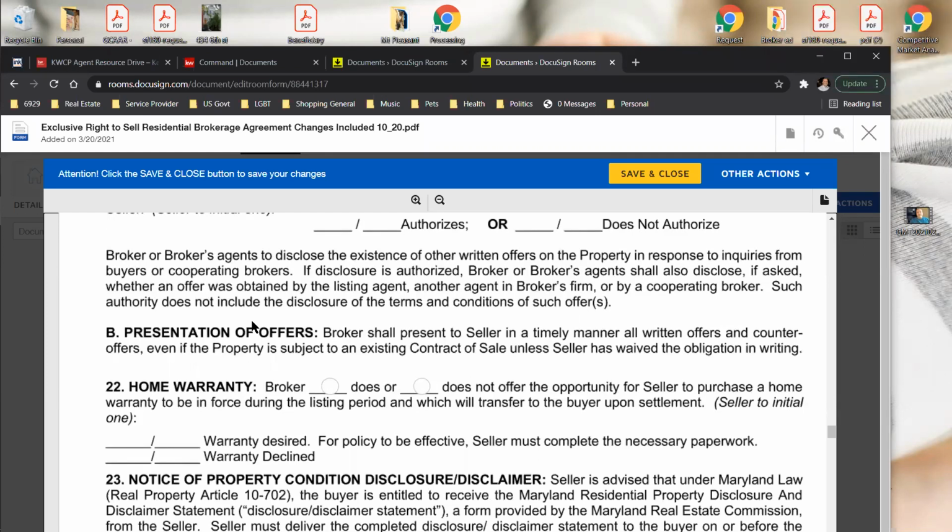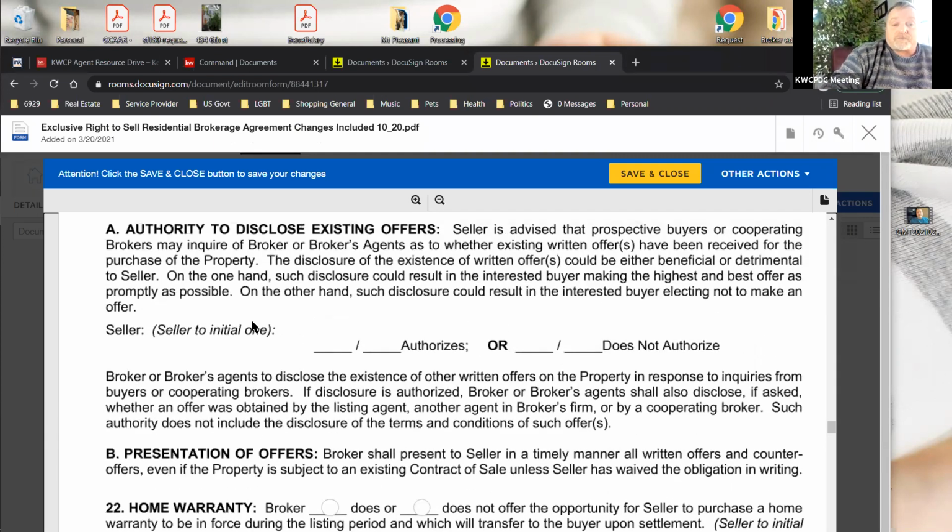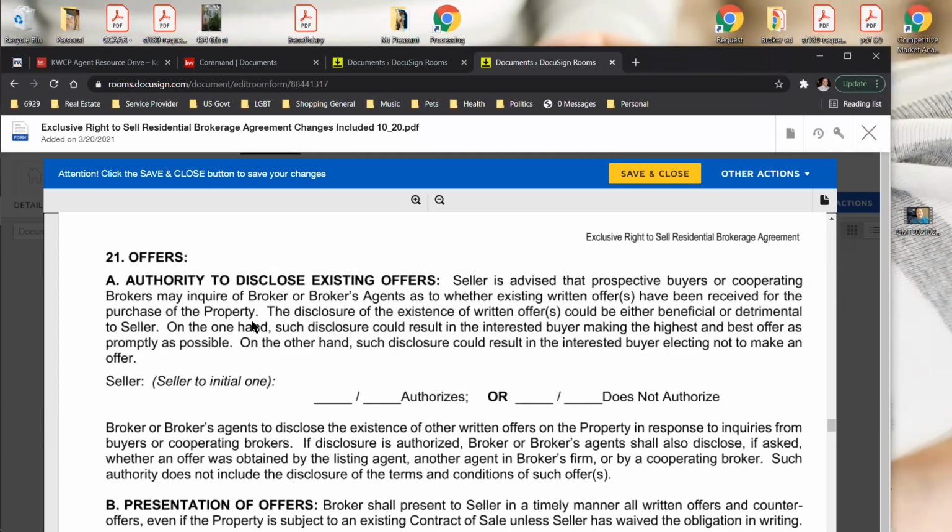But why would a seller opt to not disclose? Well, exactly for the reason that was written here. And this is a very real scenario.